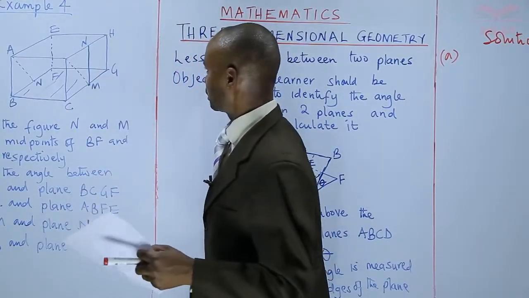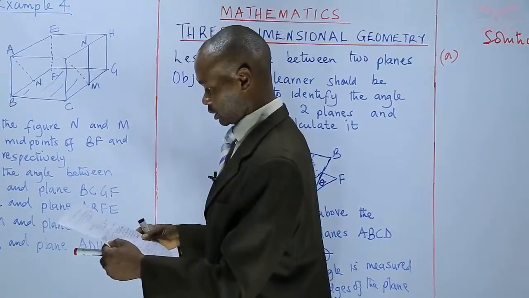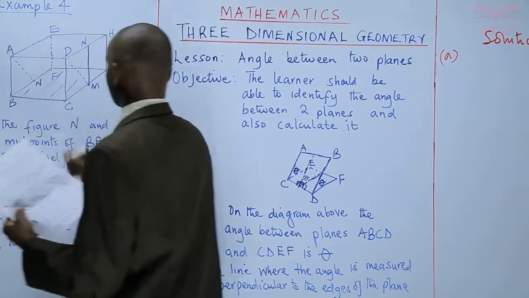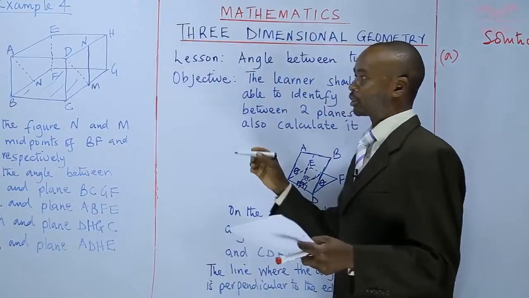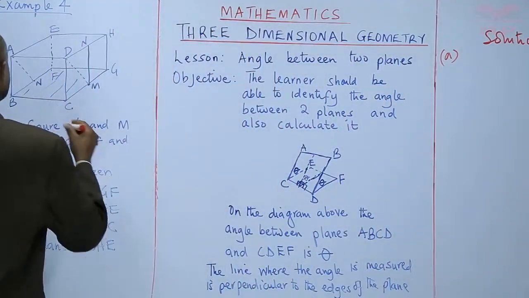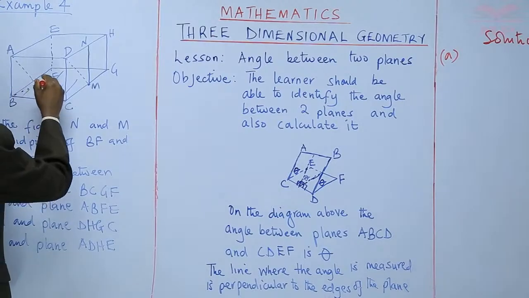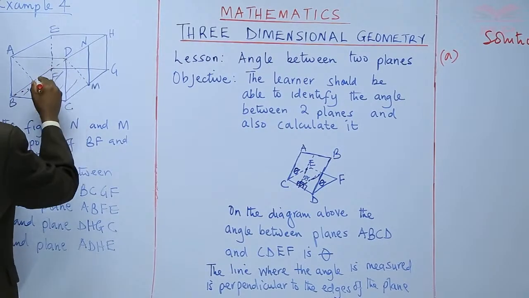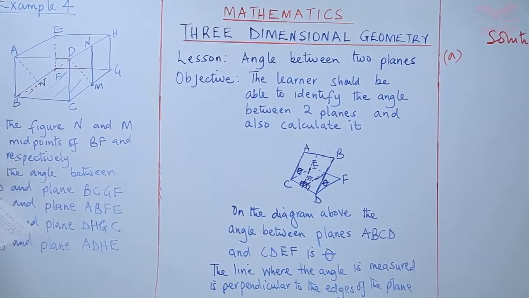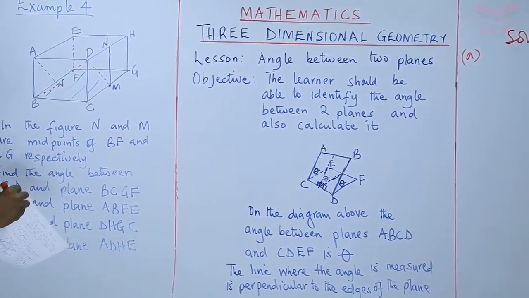Where is BD? My D is here. When you are told that, you should trace that line BD. BD and BCGF. If you look well, there are two angles there.